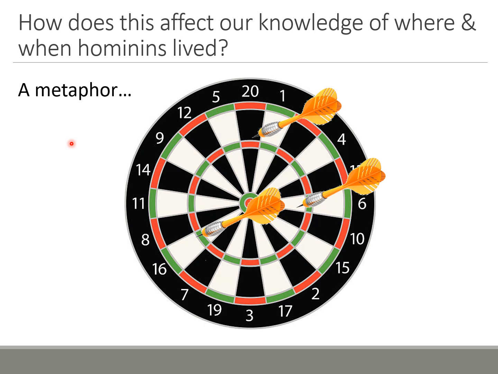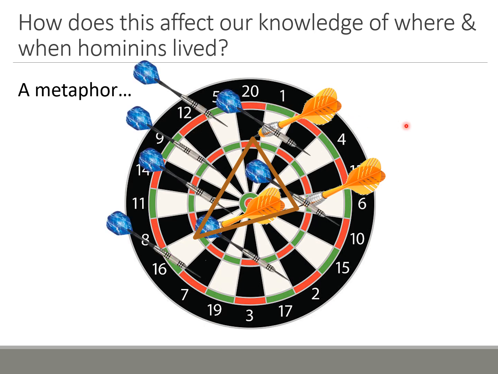And so my question to you is, if I draw a polygon around these darts, is the area of that polygon going to be less than, equal to, or greater than the area of the dartboard? Okay, hopefully most of you can intuit it's going to be almost always less than. Right, so here we see the triangle. The area of this triangle is definitely less than the area of the dartboard here.